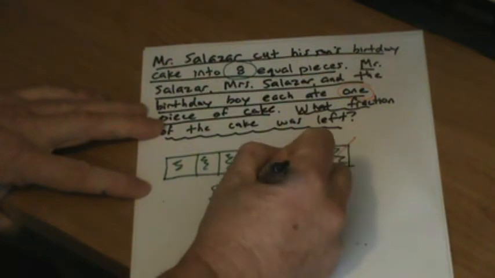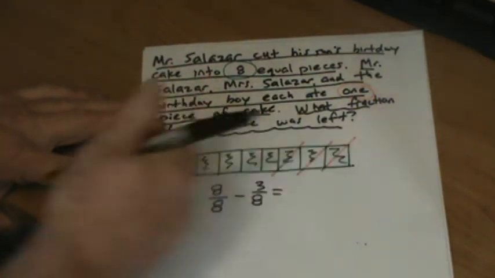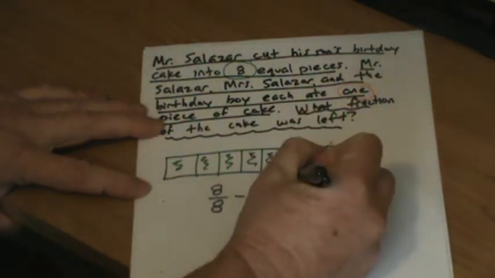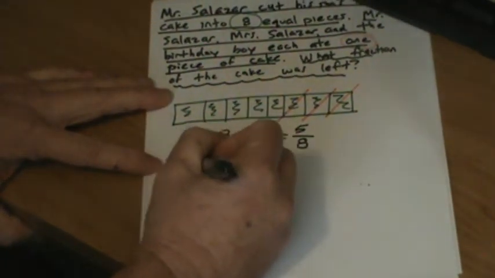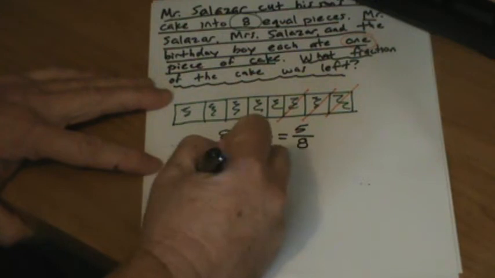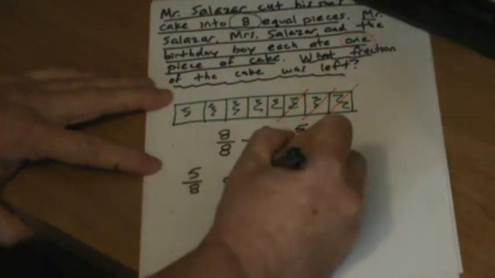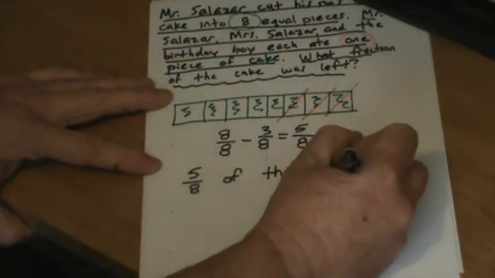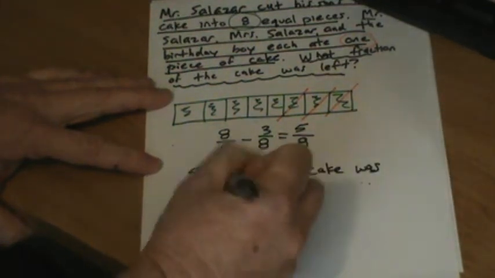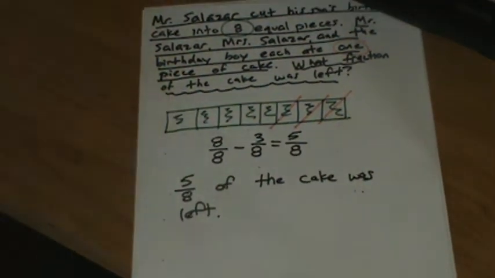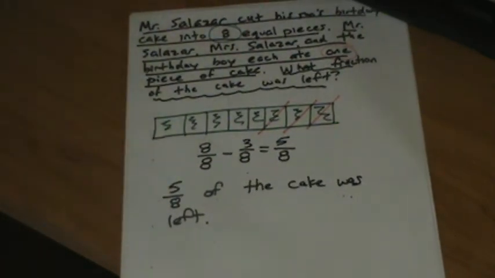Minus 3 eighths equals 1, 2, 3, 4, 5 eighths. So we could say 5 eighths of the cake was left. And hopefully more people will be coming to his birthday party to enjoy that delicious cake.